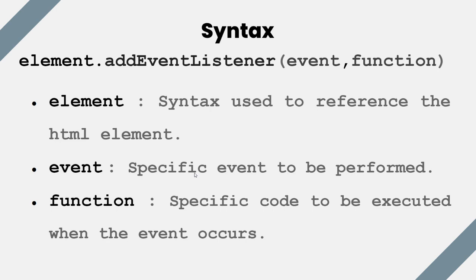We've seen some event handlers and we've seen some of the events they all perform. But here, the event doesn't represent the event handler. No, it represents the event you want it to perform, which is why I said the event handlers and the event listeners perform the same thing but in different ways. So here we'll be making use of the name of the event we want to perform.